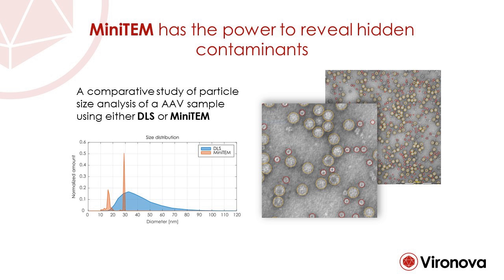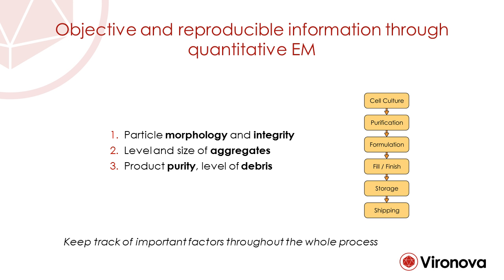Josefina? So yeah, one of the nice things here with the Minitime system is that it's not a black box. If you get unexpected results, you can actually go back to the analysis, look at the structures behind these results, and then start to understand what has actually happened. And as we said before, there are a couple of parameters that we normally want to keep track of, like, for instance, the particle morphology and integrity.